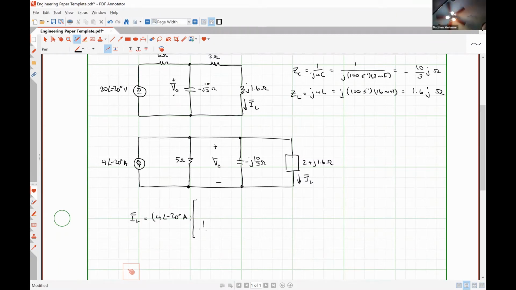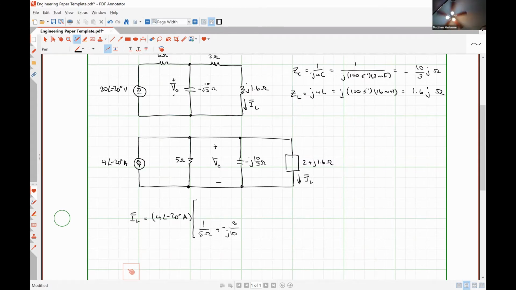And then I'm going to have 1 over 5 ohms here, and this one's going to be awkward. 1 over negative J 10 thirds is going to be negative 3 over 10, J. But a negative J in the denominator would look like a positive J in the numerator.